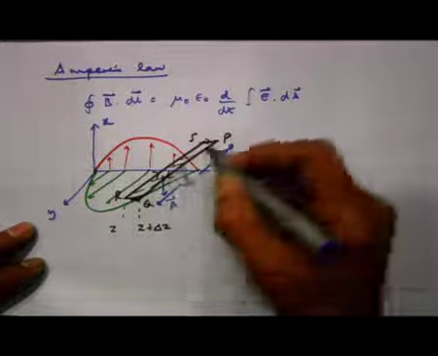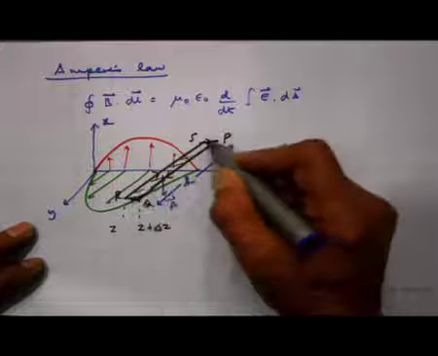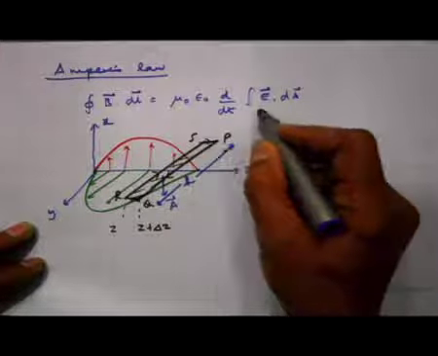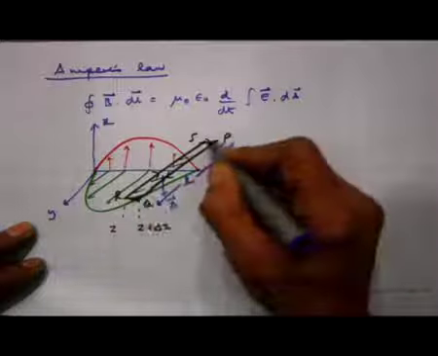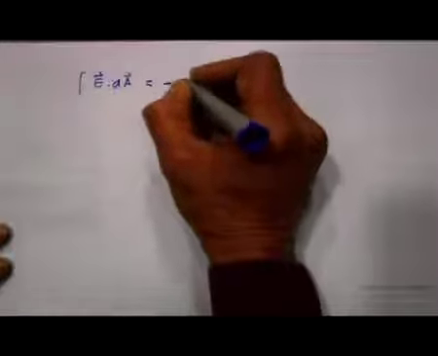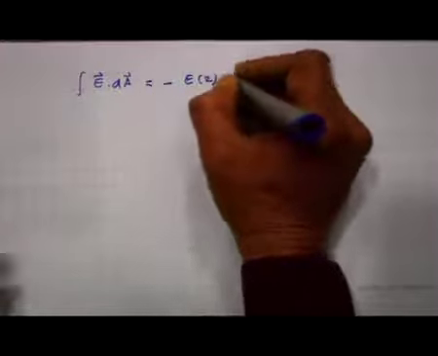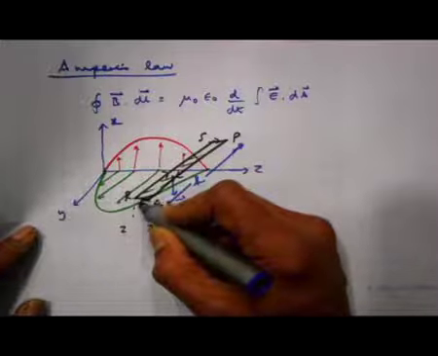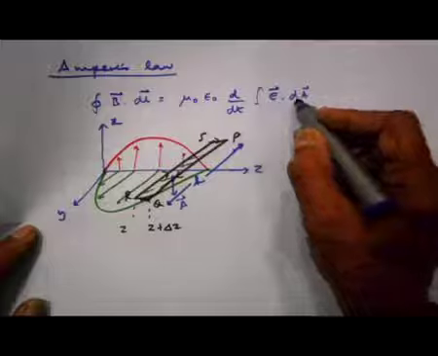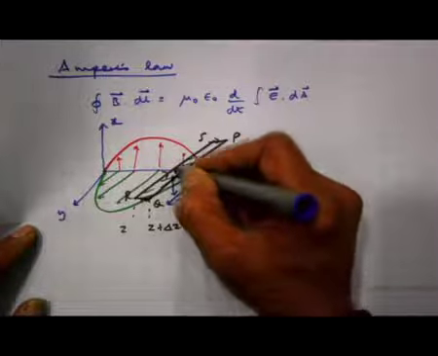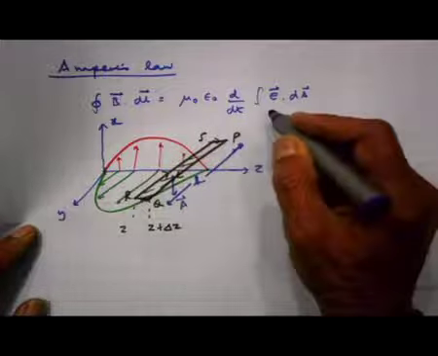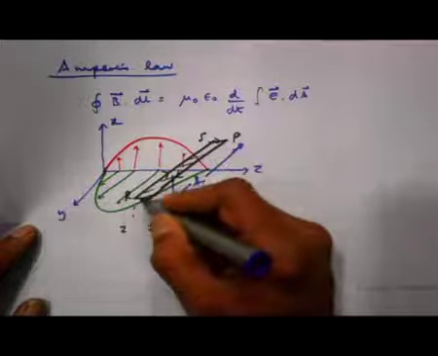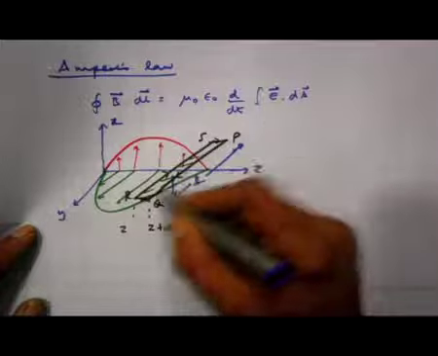Now, again as before, I am going to assume that the electric field is almost constant within the area of this loop. So, this integral will simply be electric field at this point multiplied by the area of the loop. So, this is equal to minus of E of z into area of the loop, which is H delta z. So, E dot dA is minus E dA, because area is pointing downward and electric field is pointing upward, and electric field at this point is approximately E of z multiplied by area, which is H times delta z.